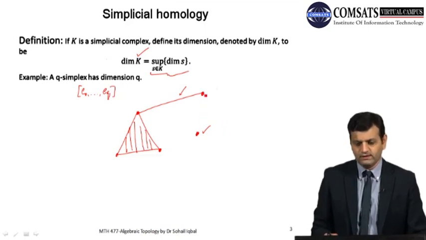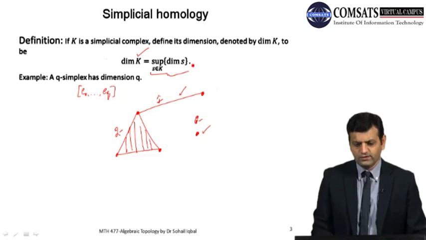We can see that it satisfies the definition of a simplicial complex. For example, if I take the intersection of any two simplices contained in this simplicial complex, then its intersection is also contained in this simplicial complex. So we have a 2 simplex, a 1 simplex and a 0 simplex.